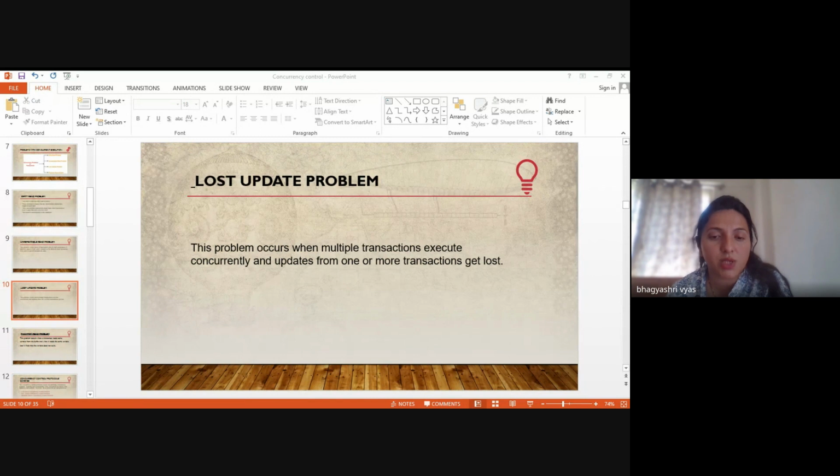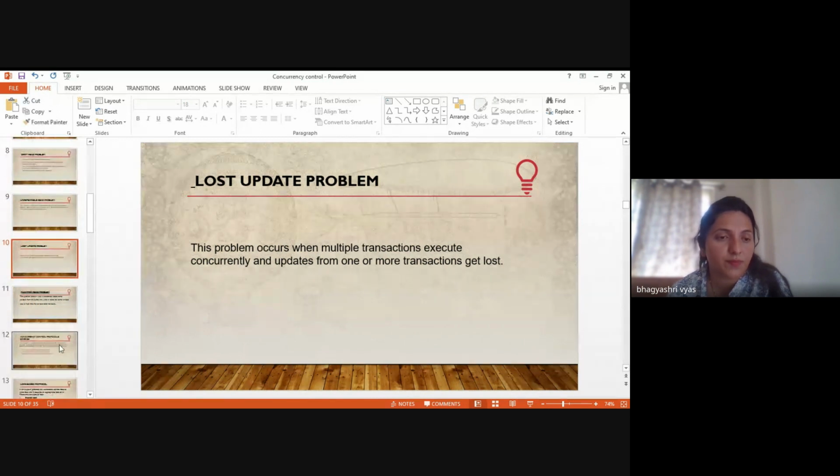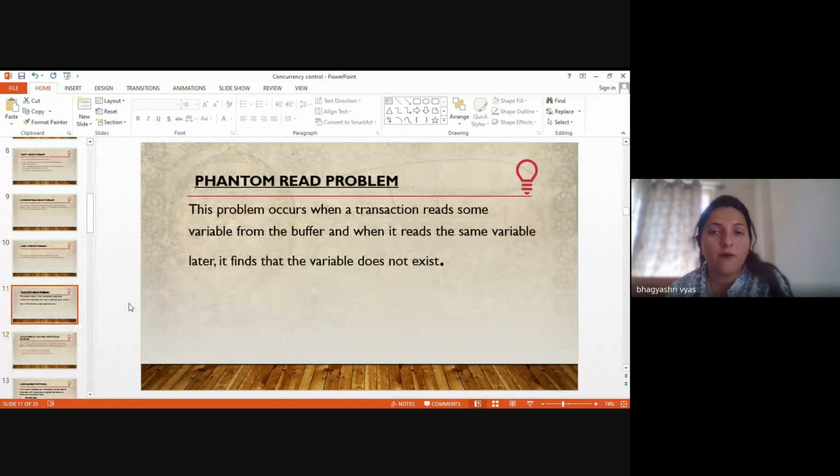Now the next is the phantom read problem. If you want to do research, you need to deal with this problem, because even if you solve phantom read, you will not get 100% accuracy. Accuracy means the data should be 100% consistent.